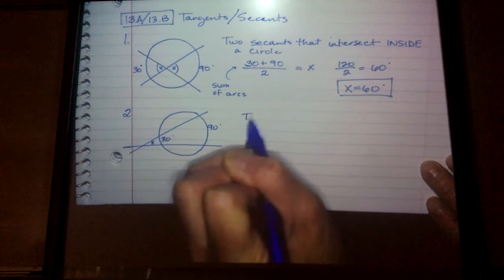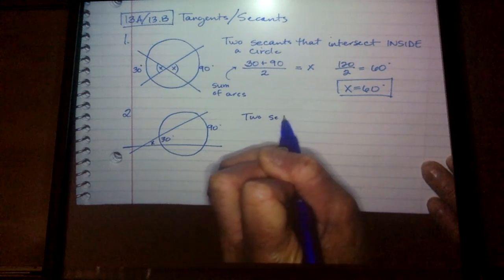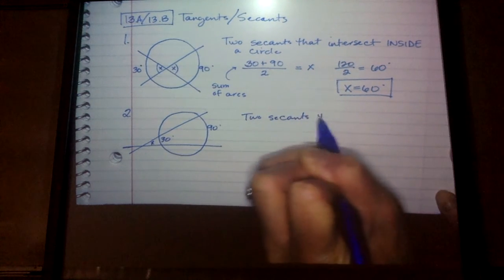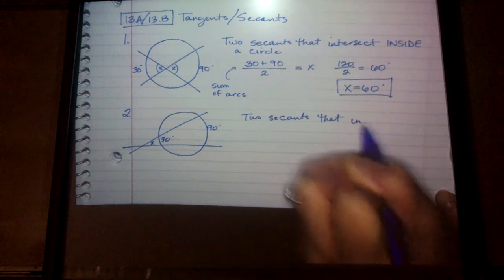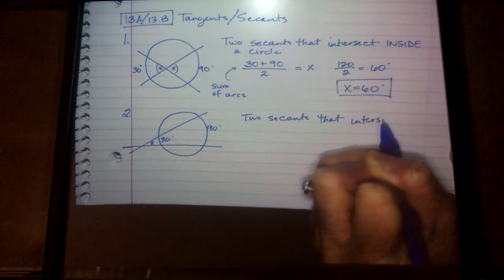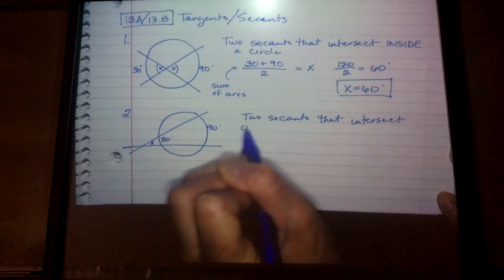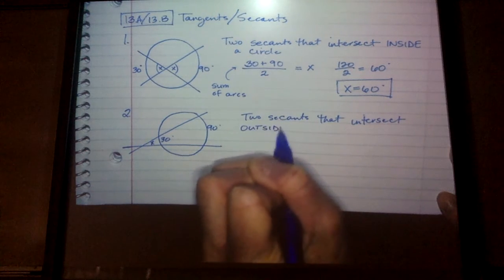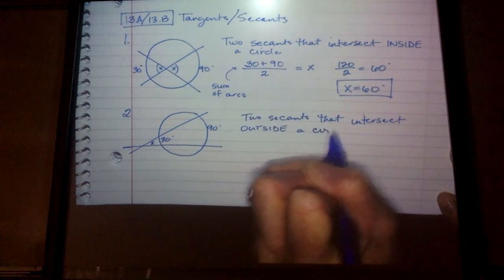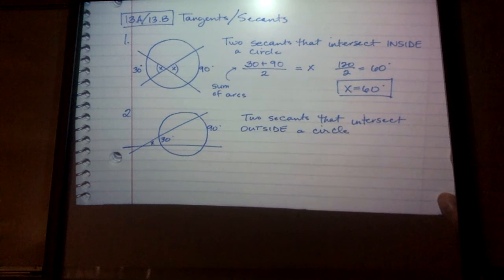So this is two secants that intersect outside a circle. An example here shows the difference. Up above, notice we added our arcs.